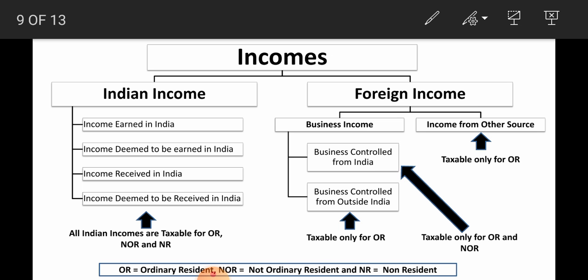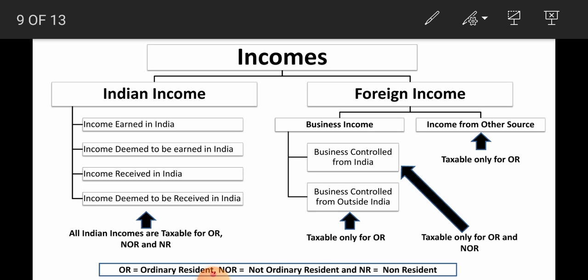Reason being its source belongs to India, as he is an employee of Indian central government. So the place of its receipt doesn't matter, as it actually belongs to the Indian source. Clear? So in this way we can first categorize the income which is taken as an Indian income.